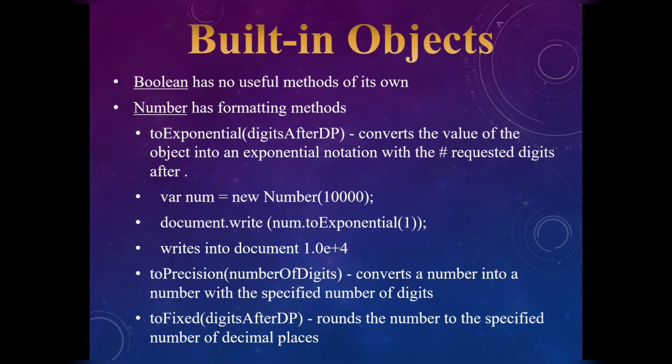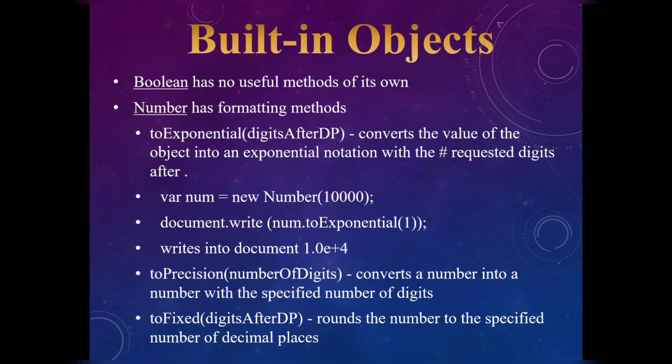For example, given 10,000, if we apply toExponential with 1 in the brackets, it is converted into exponential notation with one digit after the decimal point. Next, toPrecision formats a number to a specified length.